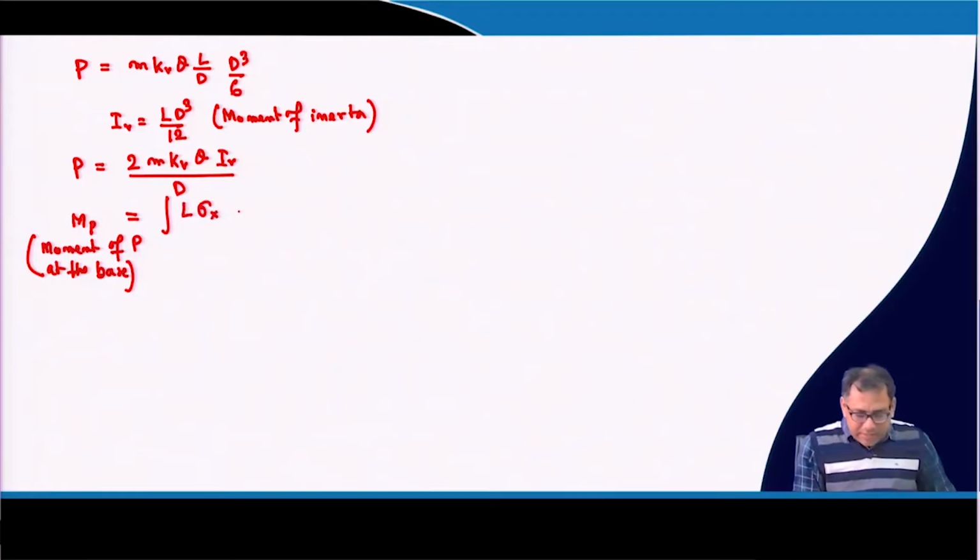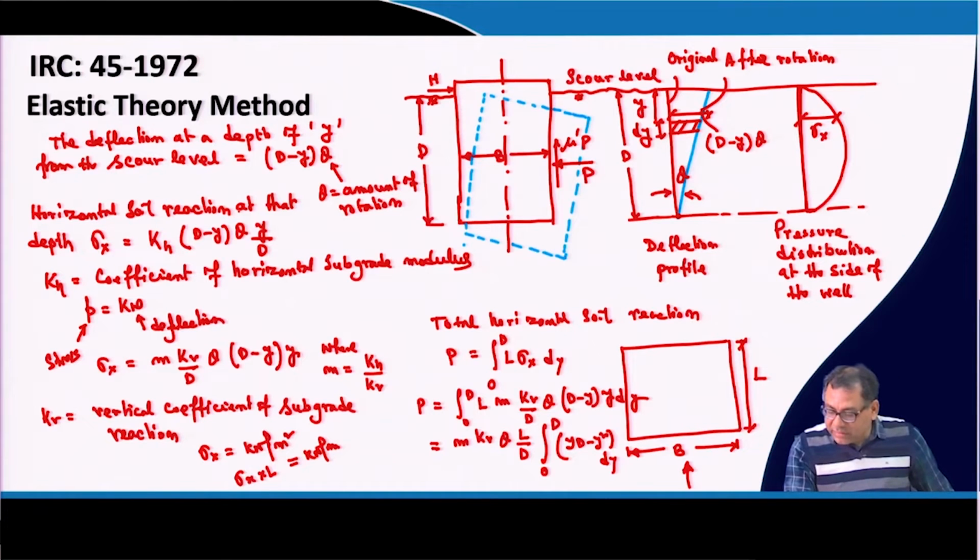Now, we have to apply the lever-arm. What is the lever-arm? Because we are taking moment, in a small segment the force is L into sigma x, and the lever-arm from the base to that point is d minus y.